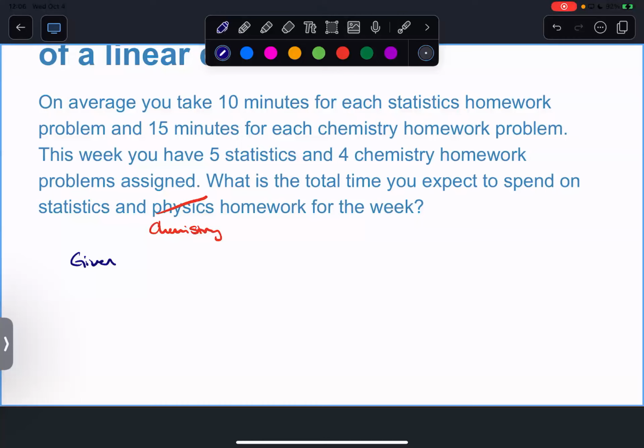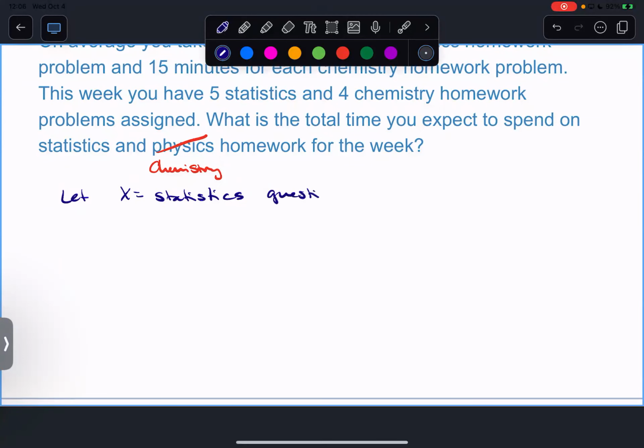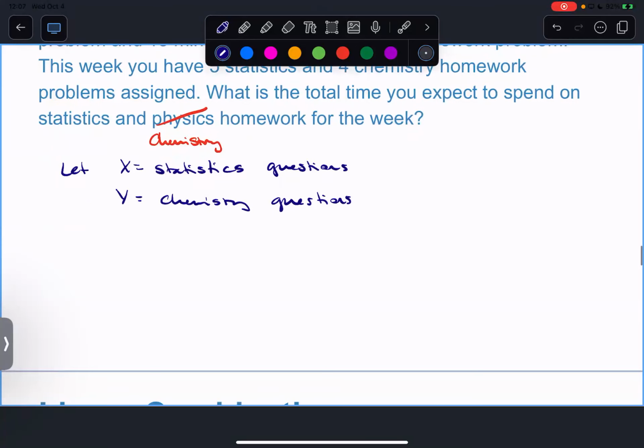Let X be statistics questions and Y be chemistry questions. If you wanted to, you could use S and C, right? Kind of more obvious choices, but I want to map it back to that general linear formula.